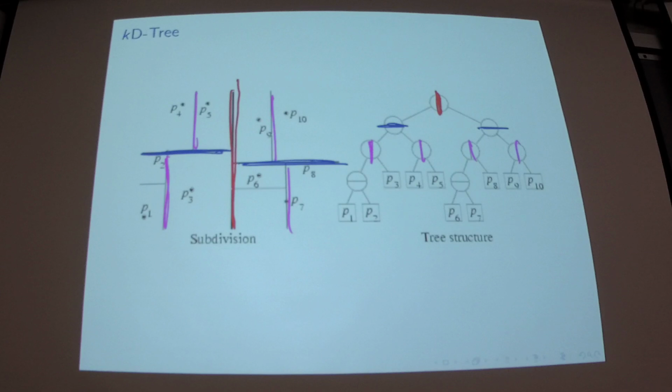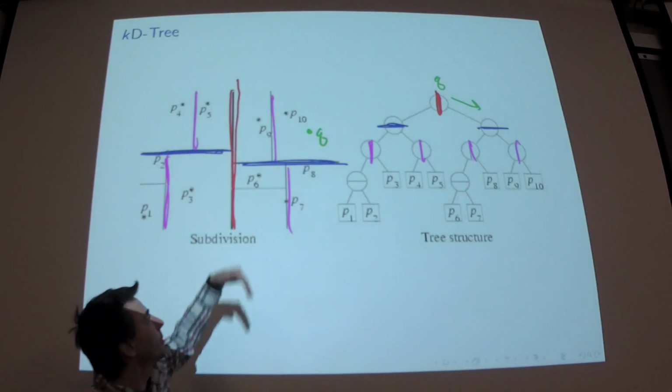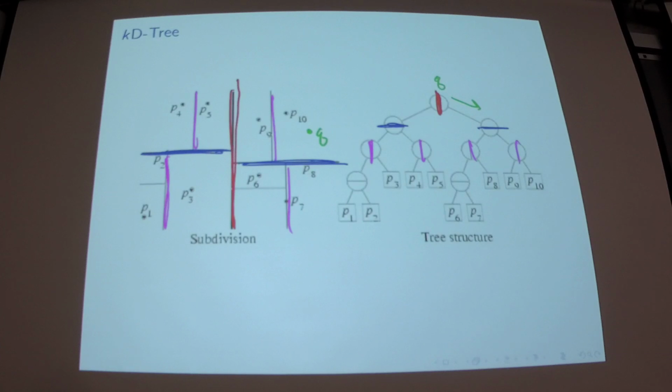Now, if I'm given a query, let's say Q is here, I look at Q and go down this subtree. Then I look at this blue line splitting in the y direction, and I know I'm going to be above that, so I go down this way again.